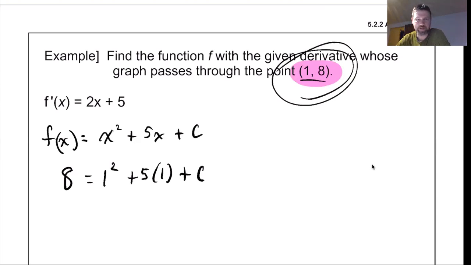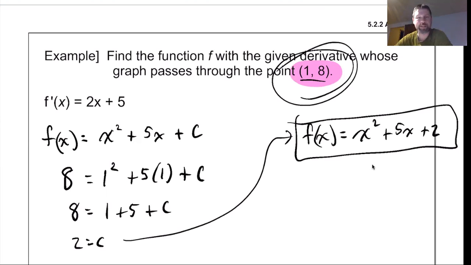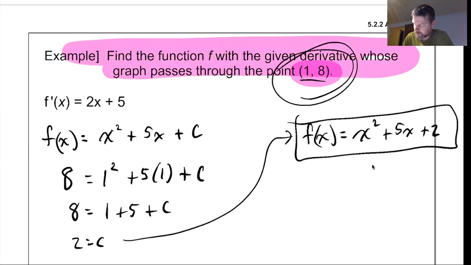Solve for this, we could find our c. 8 would equal 1 plus 5 plus c, so c must equal 2. So now I can rewrite my original function must have been x squared plus 5x plus 2 for this particular one, right? So my particular antiderivative for this function here is x squared plus 5x plus 2.